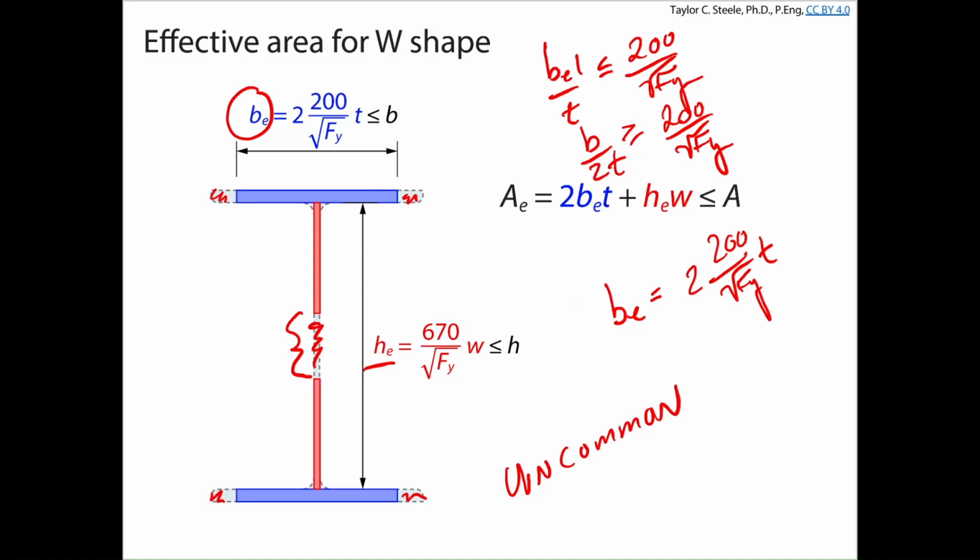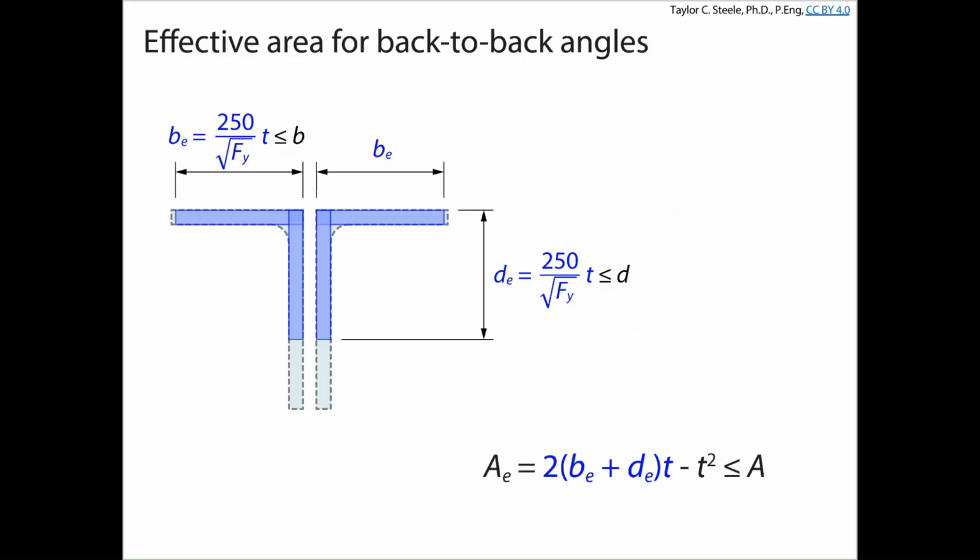It is more common to have angles that don't meet Table 1 requirements. And the reason I'm showing you this one is because it's more common. We also use back-to-back angles quite often as braces that might carry compression and tension together, or sometimes it's tension only, depending on how you're designing the system. In a similar manner, we have the total width B, which might be this width.